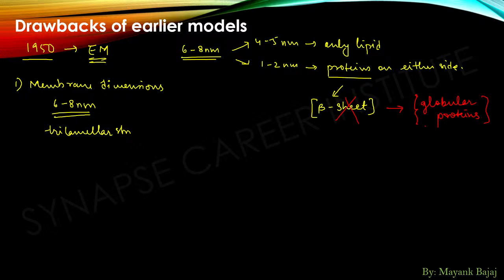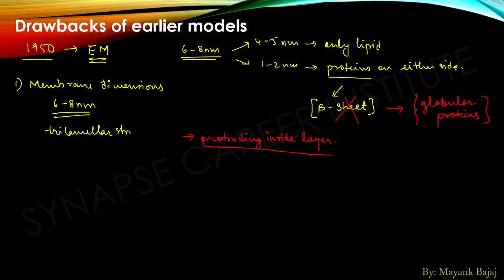On the basis of this microscope studies, EM studies, they found कि जो आपका प्रोटीन्स हैं वो क्या कर रहे हैं, they are protruding inside, right? They are protruding inside the membrane, ना कि they are forming a layer, right? So they are protruding inside the lipid bilayer.